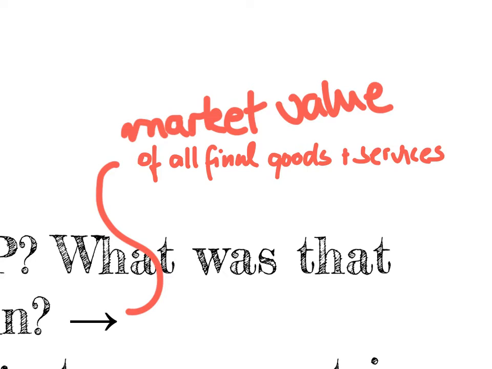But so all final goods and services that are produced within a country's borders, so within borders, remember this is the example that we talked about with my dad going to Golf Galaxy on Rockville Pike buying golf clubs. That is part of US GDP, but not part of German GDP, right? In a given amount of time.